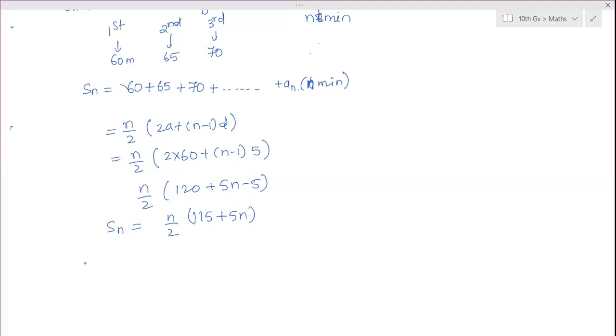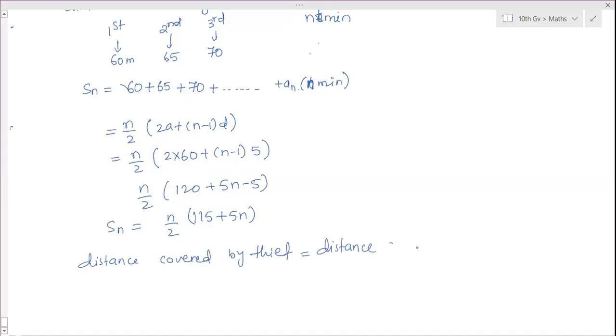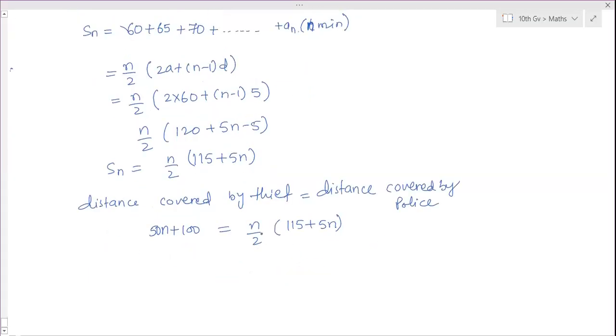And we know that the distance covered by the thief is equal to the distance covered by police. So 50n plus 100 is equal to n by 2 into 115 plus 5n. Now keep simplifying this.